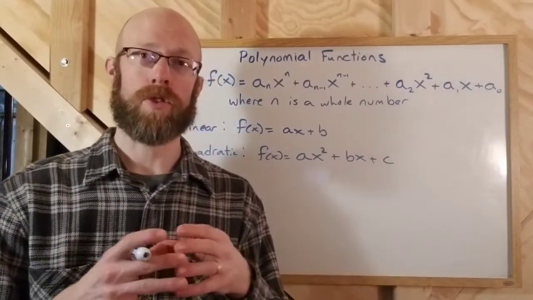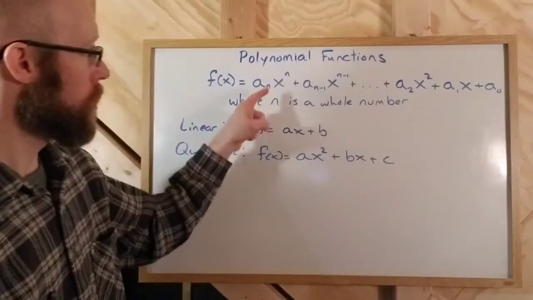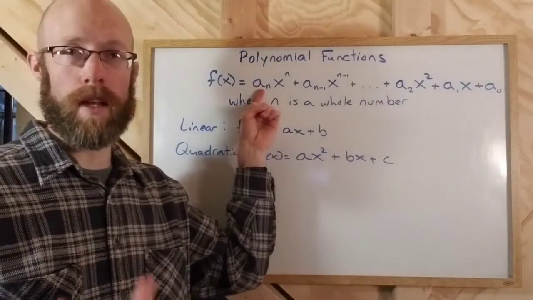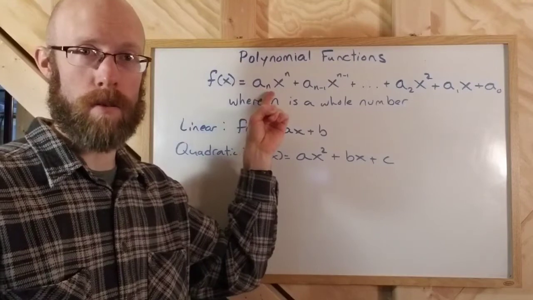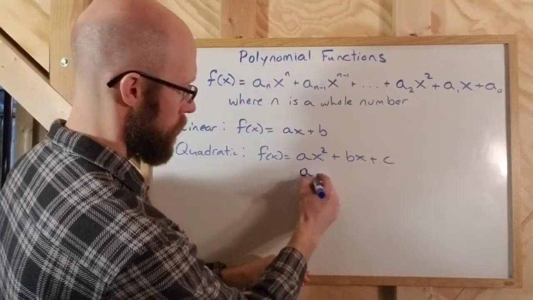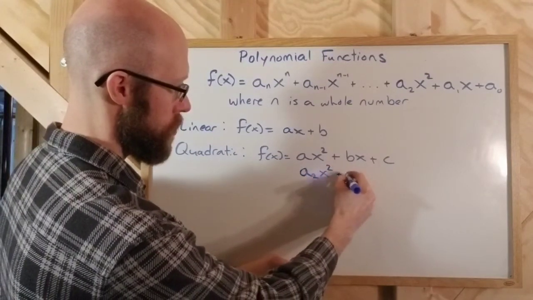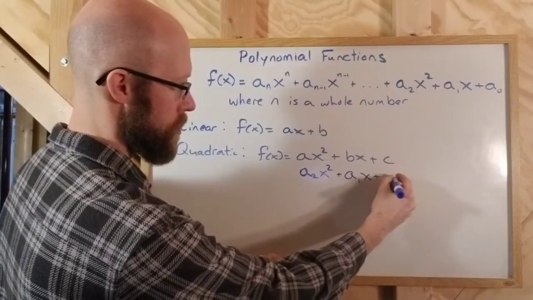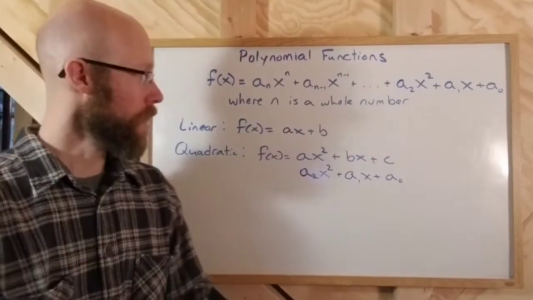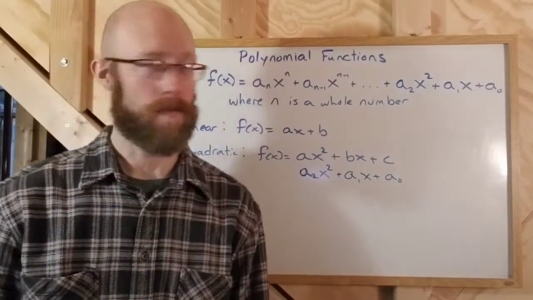So the general structure of a polynomial that we're going to use, or the general formula, instead of using A, B, C, we're going to use subscripts on all A's. So it's going to be A sub n. In the case of the quadratic it'd be A sub 2 x squared plus A sub 1 x plus A sub 0, rather than using A, B, C. Again, because it could be the case that you run out of letters eventually.